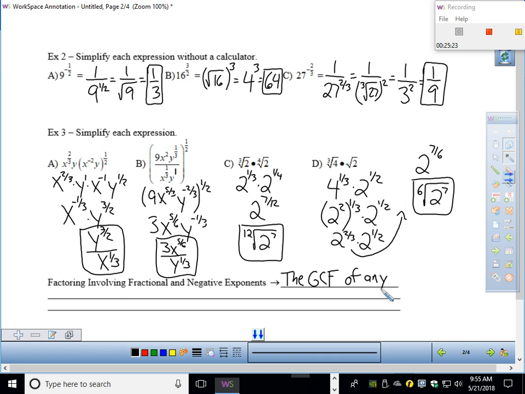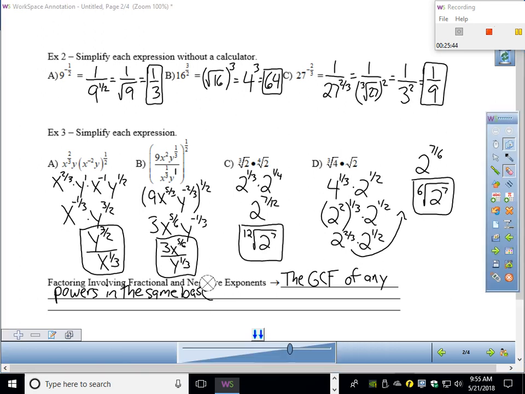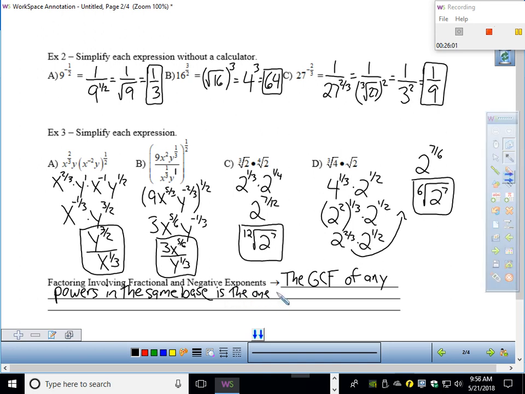But I would say that the GCF of any powers in the same base, and we're going to see lots of these powers in the same base, is the one with the smallest exponent.